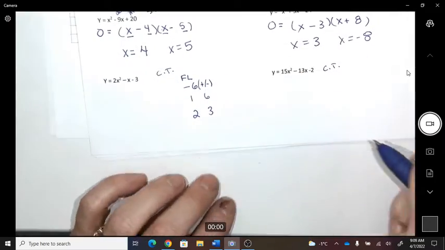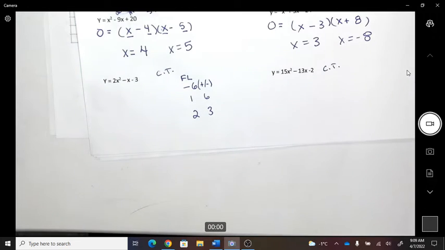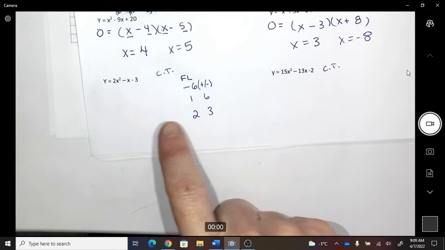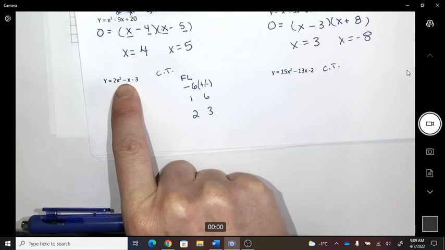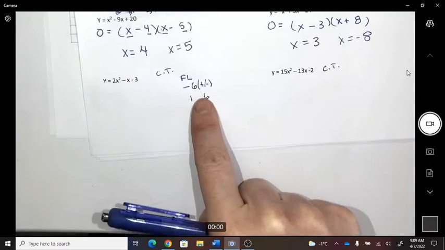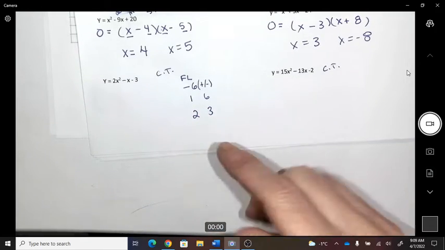I'm already thinking in my head, well, one's going to have to be positive, one's going to be negative. And the numbers that I choose need to add to a -1 in the middle. Which combo adds to a -1?